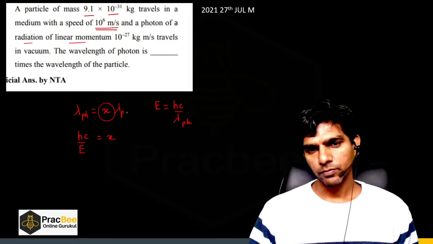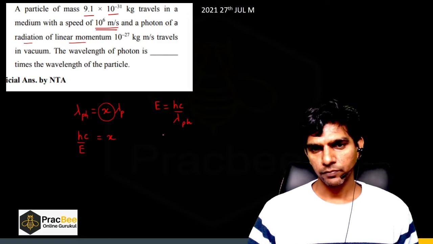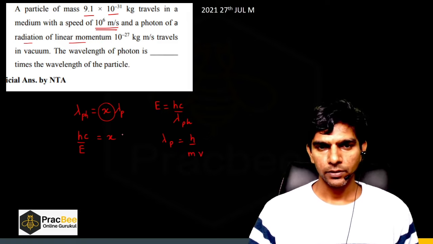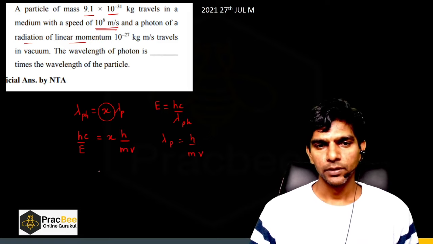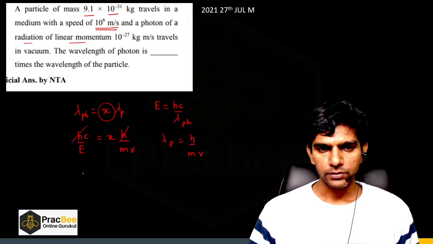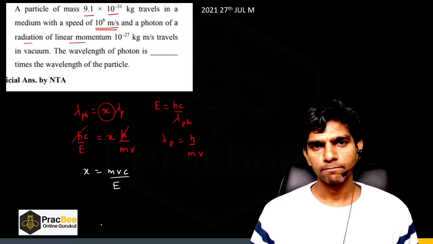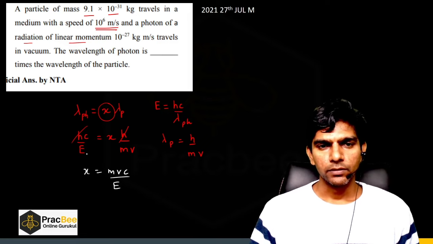And the lambda of the particle, we know that lambda of the particle will be h by the momentum, that is, mass times the velocity. So this will be h upon mv. So let us put the values. So x is mvc divided by E, right?